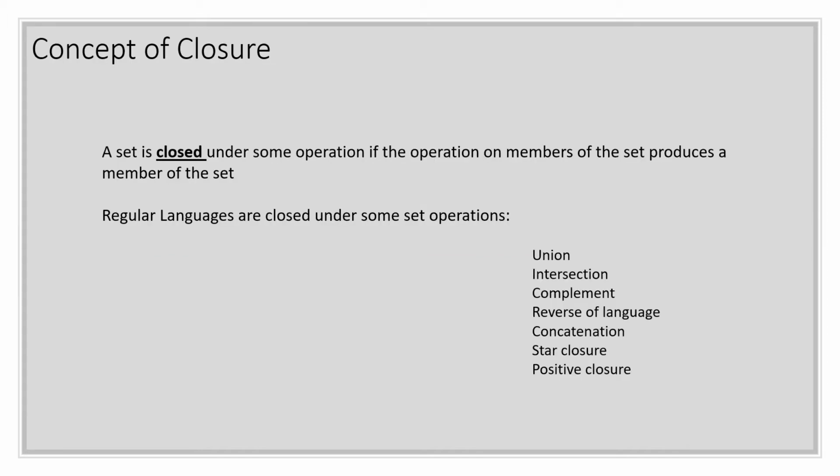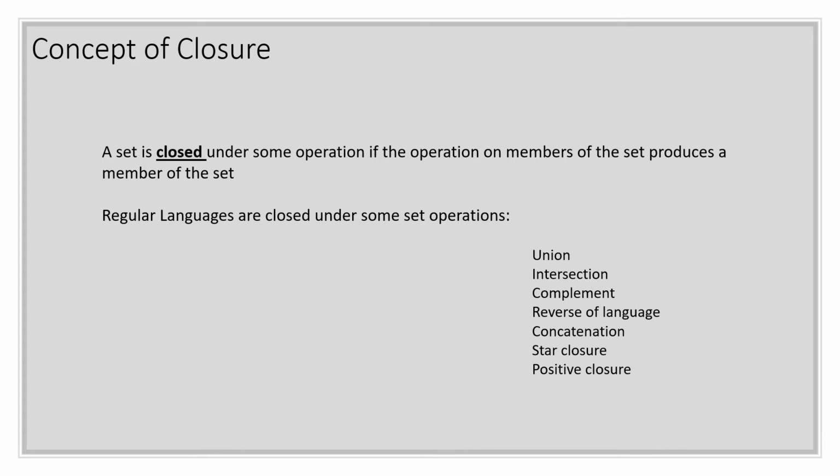Closed means that if you have a set, like regular languages are a set of languages, and if you perform an operation on members of that set, and the resulting language is also regular, then regular languages are closed under that operation.